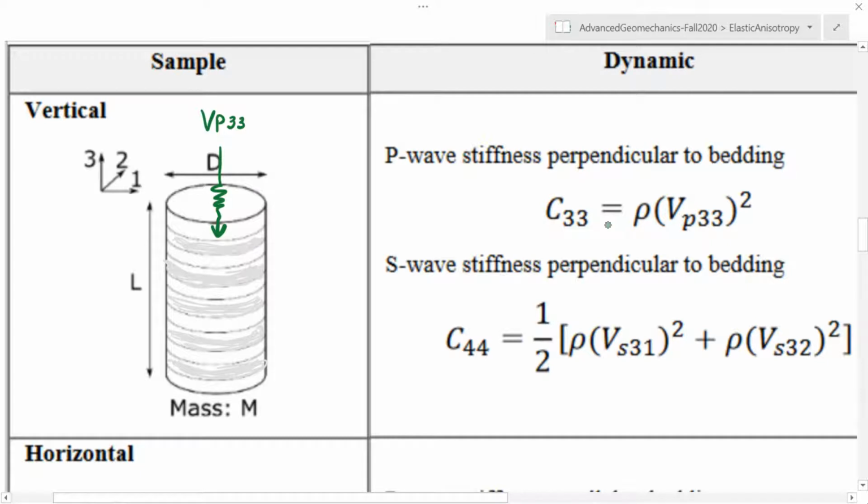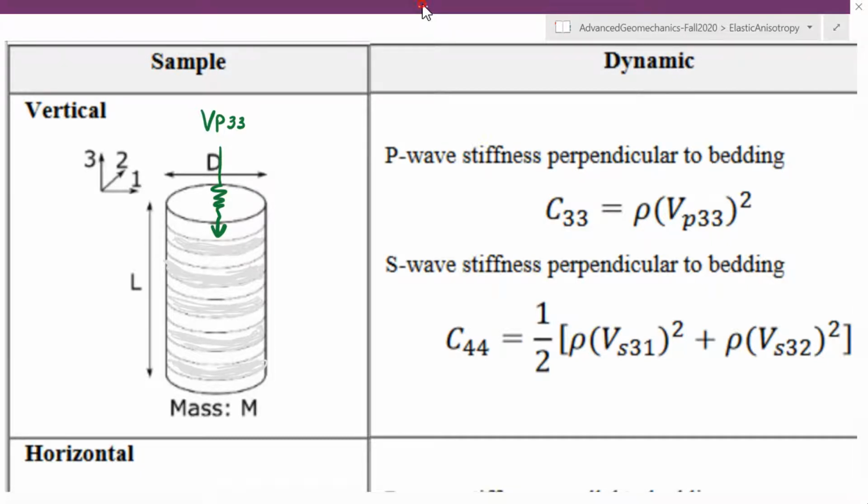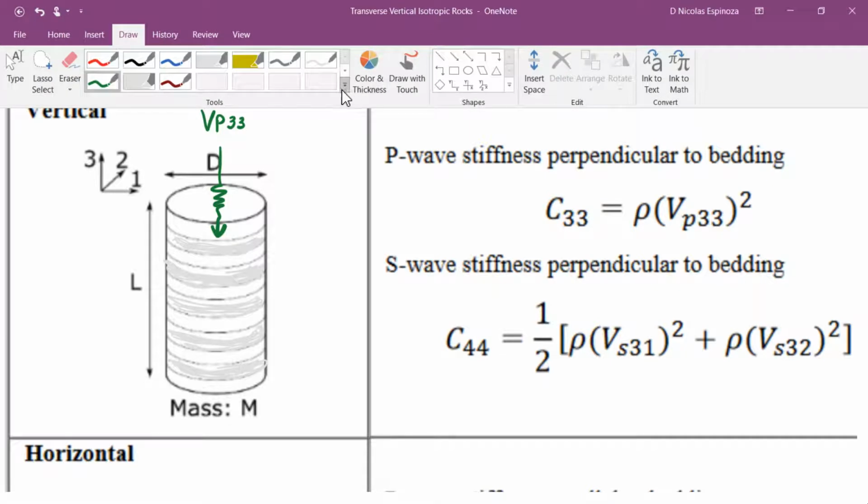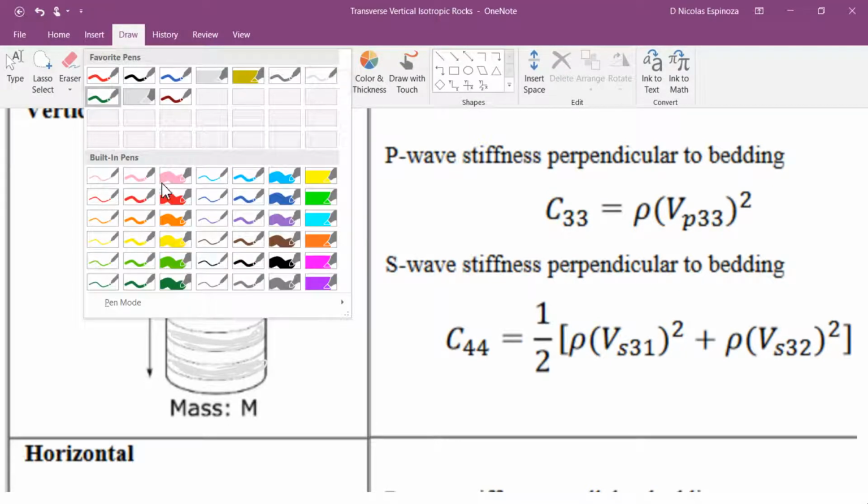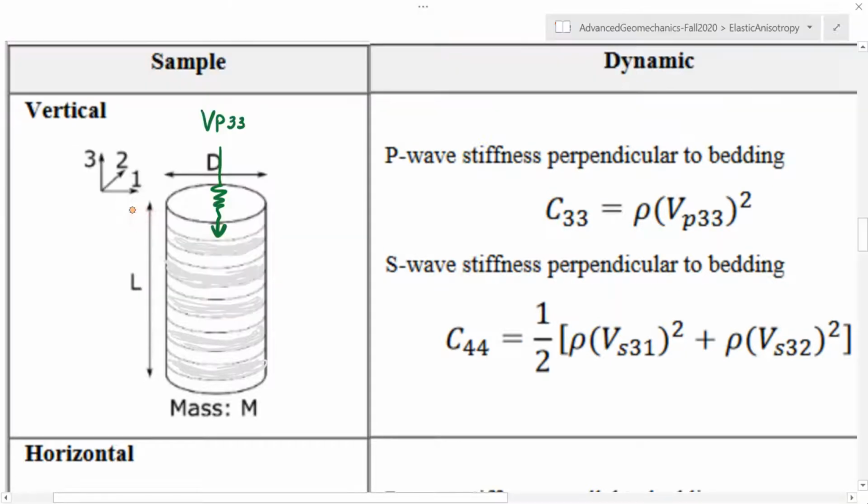What would be now the result of an S wave? For an S wave, here we have two options. We can either send an S wave that produces a shear strain in direction 3-1 or in direction 3-2.